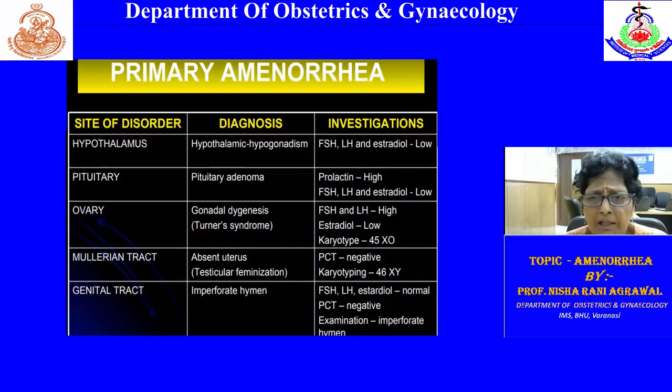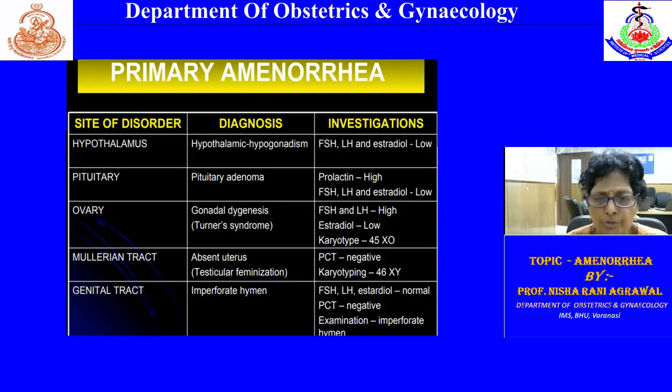If gonadal dysgenesis, as in Turner syndrome, is present, then FSH, LH are high, estradiol is low, and karyotype is 45XO. If there is absence of uterus, as in testicular feminization, karyotyping is 46XY, and progesterone challenge test is negative.